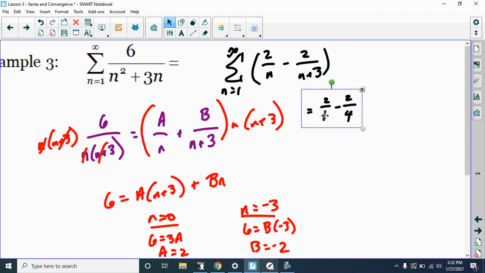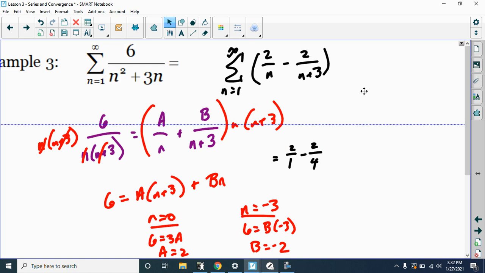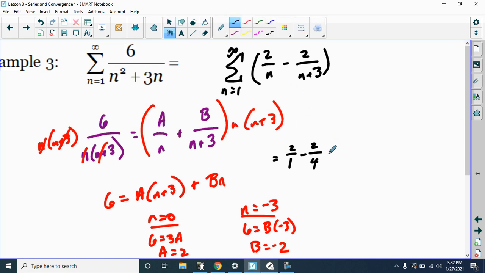Move this down here so I have a little more room. So we plugged in 1, plug in 2, gives me 2 over 2 minus 2 over 5. So notice my positive ones, my minus one starts at minus 2/4. So that's where I want to start canceling. Plug in 3 is going to be plus 2 over 3 minus 2 over 6.